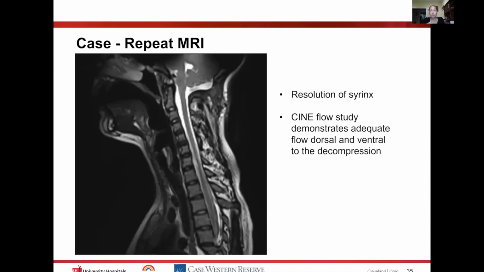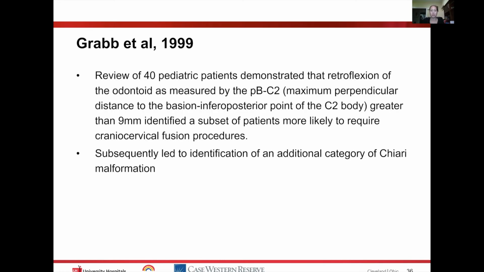So she got another MRI and her syrinx was gone, and you can see she's well decompressed. She had a Cine flow study. There was great flow both in front of and behind the cord at the foramen magnum. And so this, in all of the things that we think about, this is somebody who had a very successful surgery. Everything looks great. Radiographically, she looks fantastic, but she's got all of these symptoms.